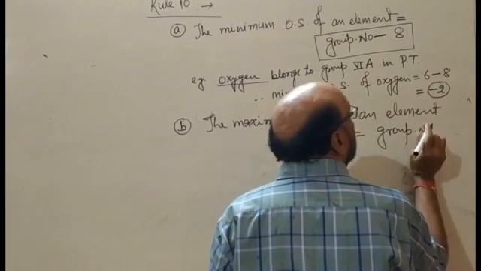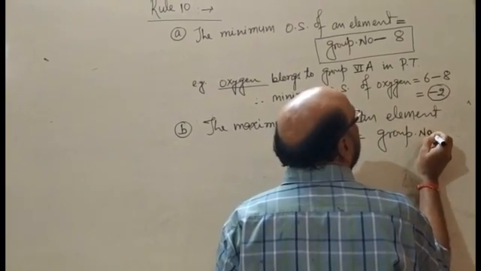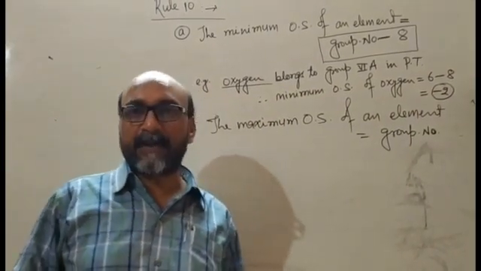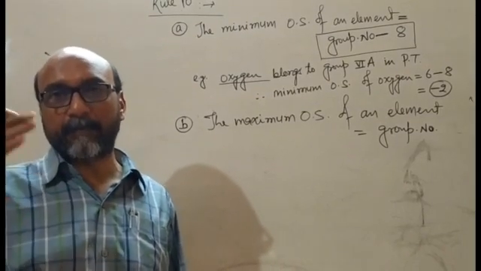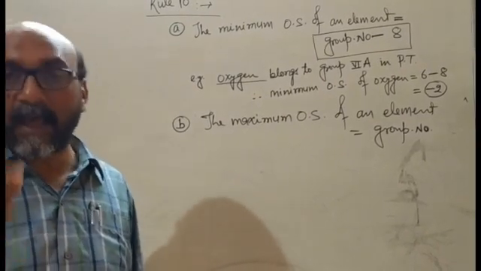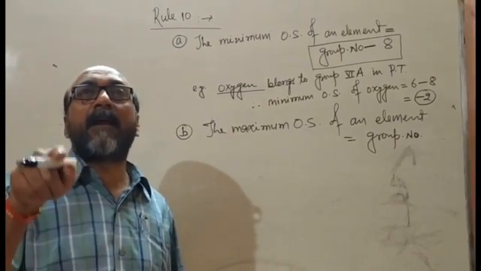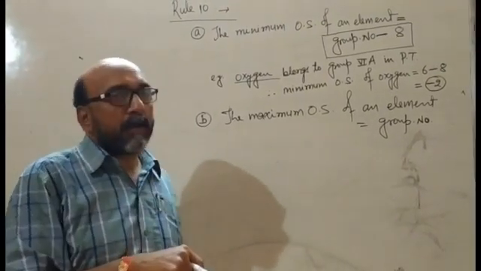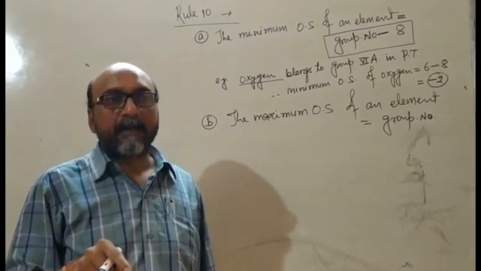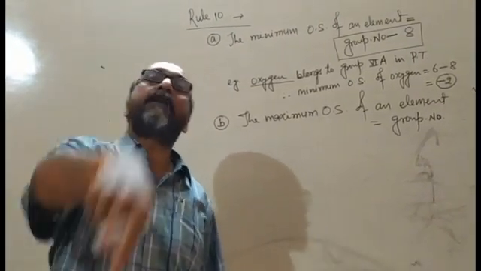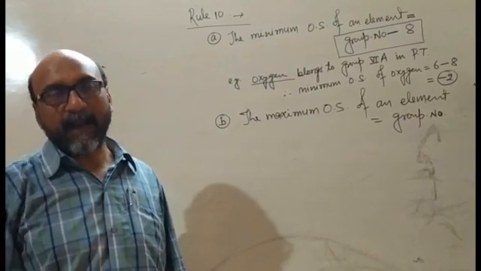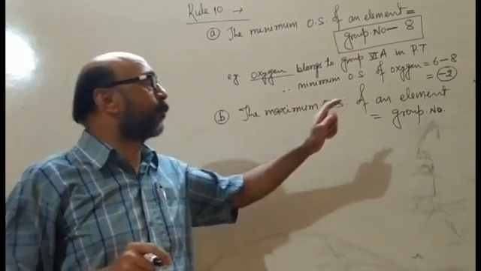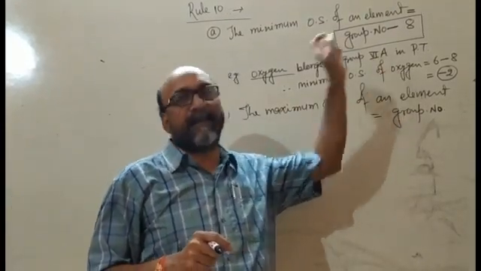Please do not confuse this with the group numbers 1, 2, 3, up to 18 as per the guideline of IUPAC. Here we are talking about the group number as mentioned by Mendeleev in his book and followed mostly in the modern period, which we write in Roman, like this one, 6A.